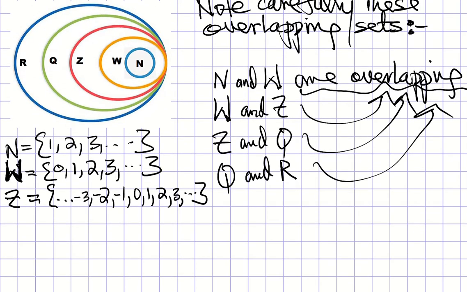Notice set Q. That's what they call rational numbers.